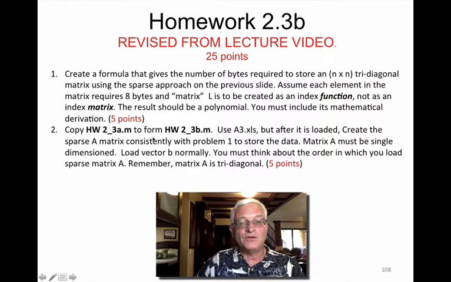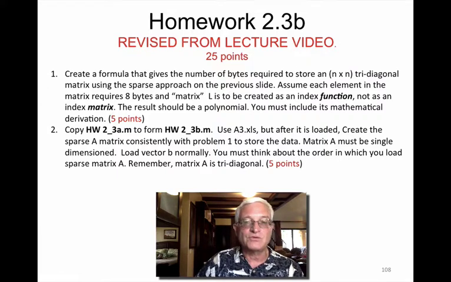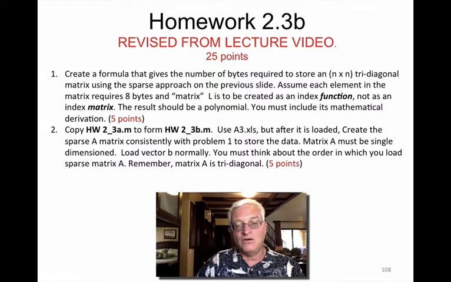The next thing that we're going to do is start constructing our MATLAB code. We'll go back to homework 2.3a and take a copy to form 2.3b. We'll continue to load the A3 data set, which really loads it in non-sparse form, but your first step is to convert it to a sparse form, really create a new matrix, which we'll call A, that's only one-dimensional, and to lay in all the data like we described, the subdiagonal, the main diagonal, and the super diagonal.